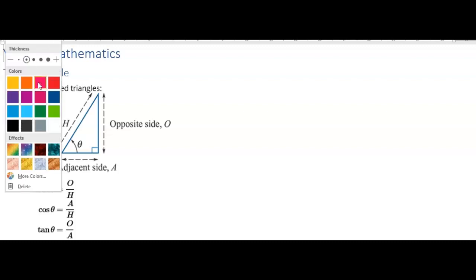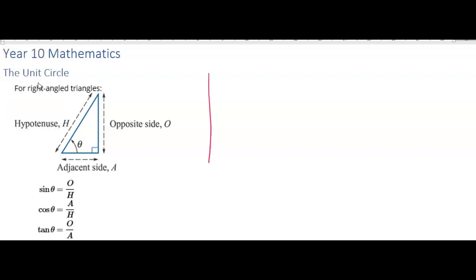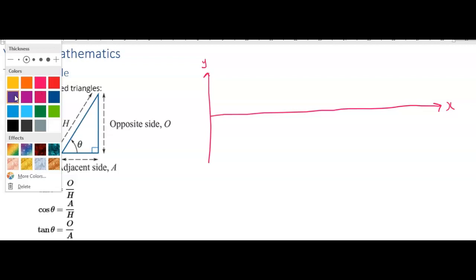Now, I just want to draw for you quickly what a sine graph looks like. And it's quite similar to a cos graph, so I'm not going to do a cos graph as well. And tan graph is different, but tan you will look at next year.